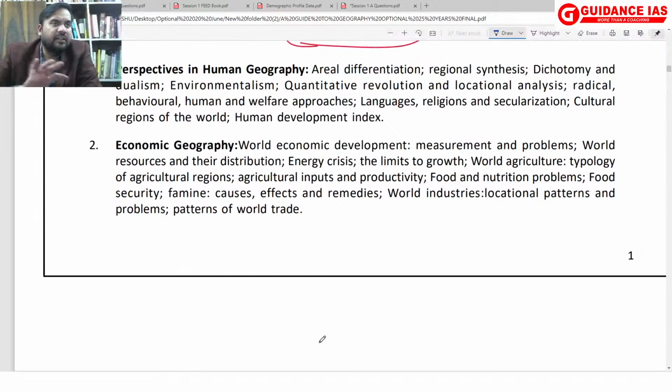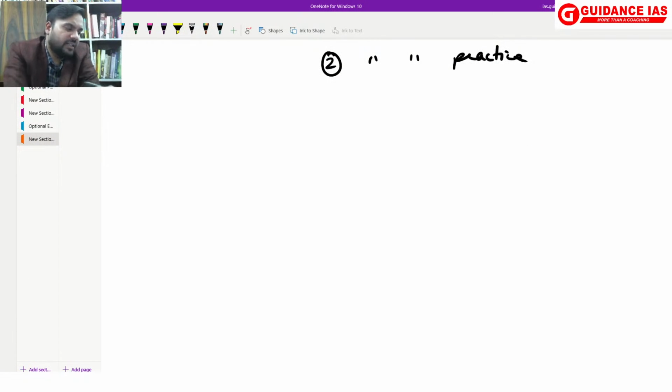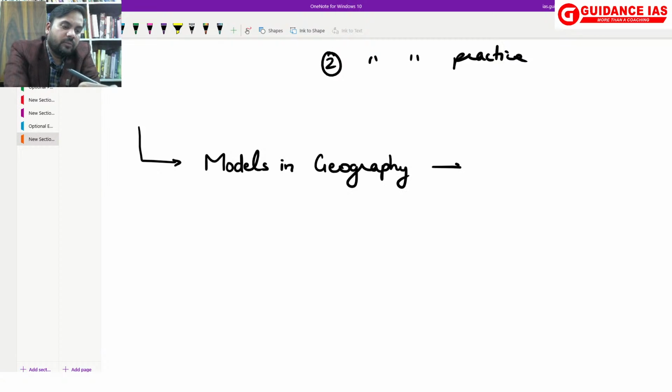But you can understand that in this schedule, each of these topics, even economic geography, will take time. For this I have told you before in the orientation class, and again I am telling you, if you don't have basic reading material, there is one book which can serve as your basic reading material, and this is Models in Geography by Majid Hussain.